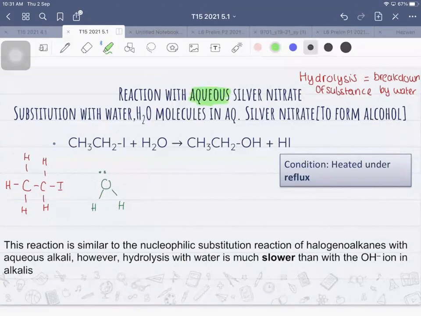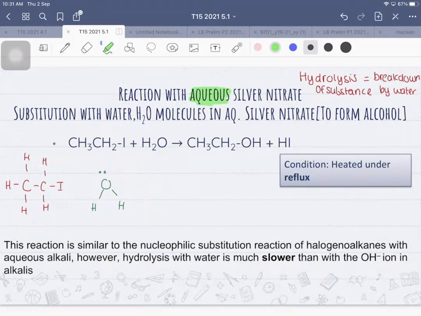Sometimes it's not that obvious. Whenever students look at the question, it says silver nitrate aqueous, they start to think, oh, silver is acting as a nucleophile, or nitrate is acting as a nucleophile, but actually it's just the aqueous bit. The water in the silver nitrate is acting as a nucleophile.